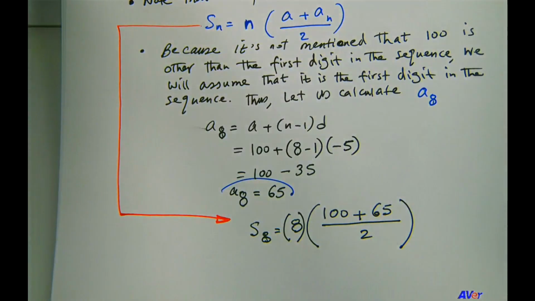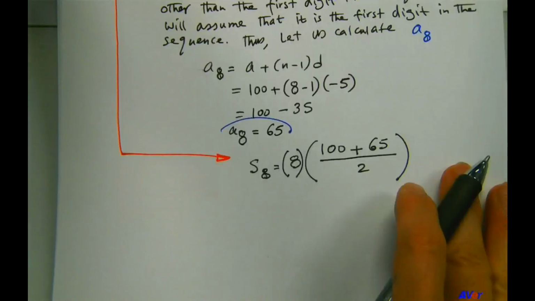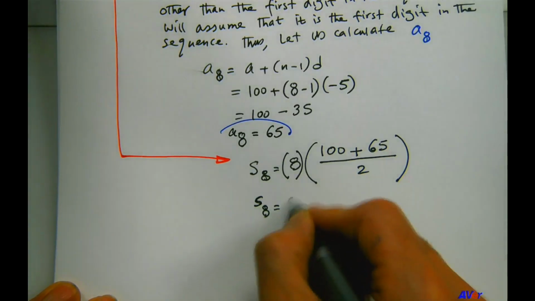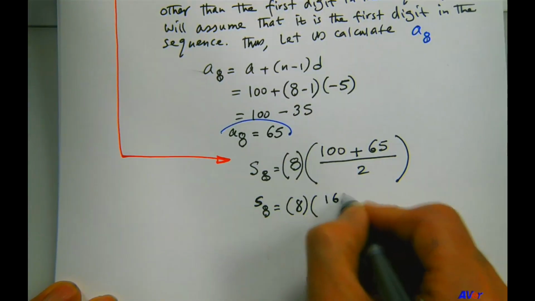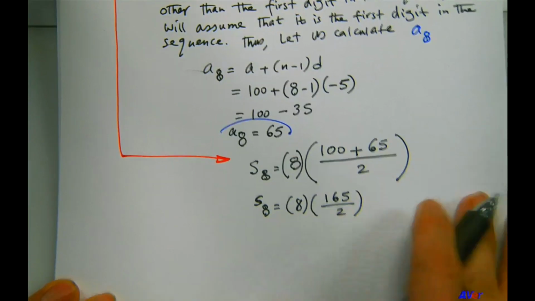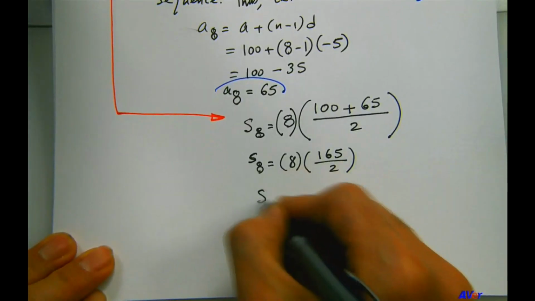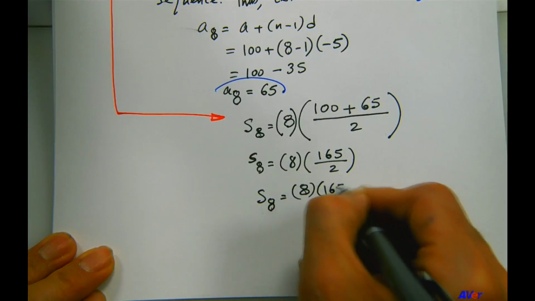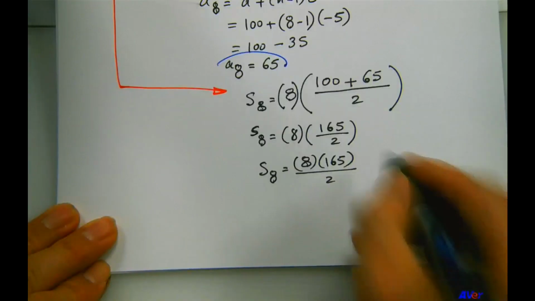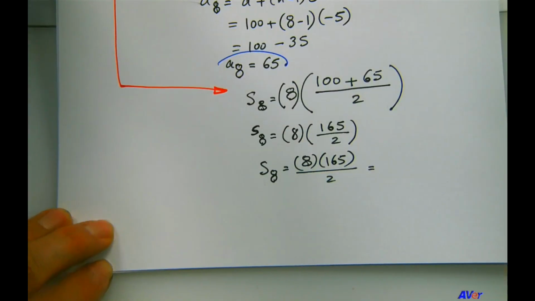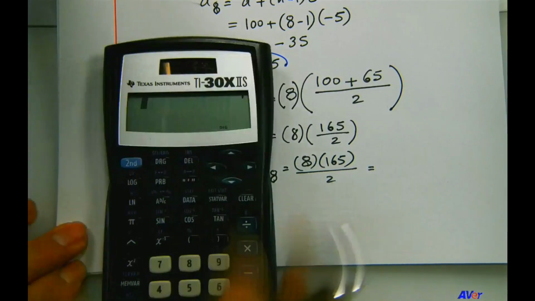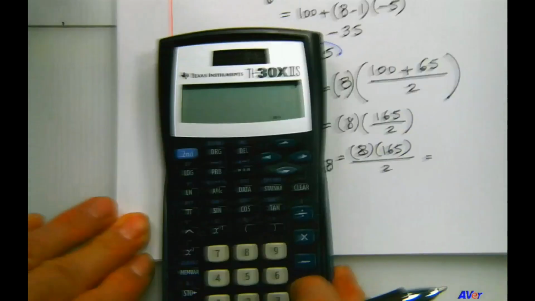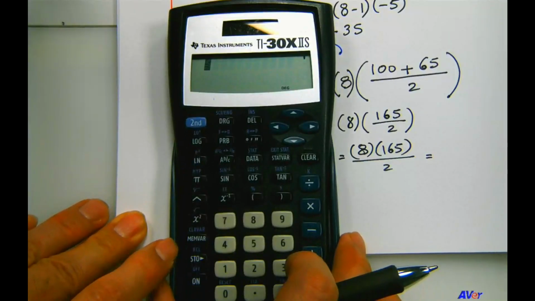Or we can do it this way. S8 is equal to 8 times 165 divided by 2, which is equal to, let's see, what is that equal to? Let me move this over like that.